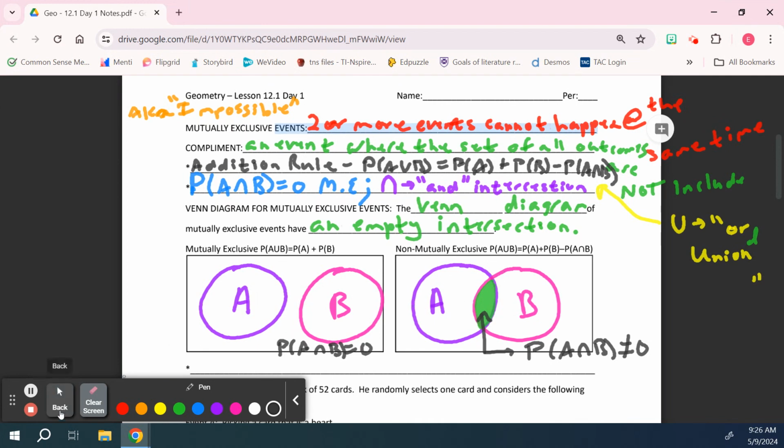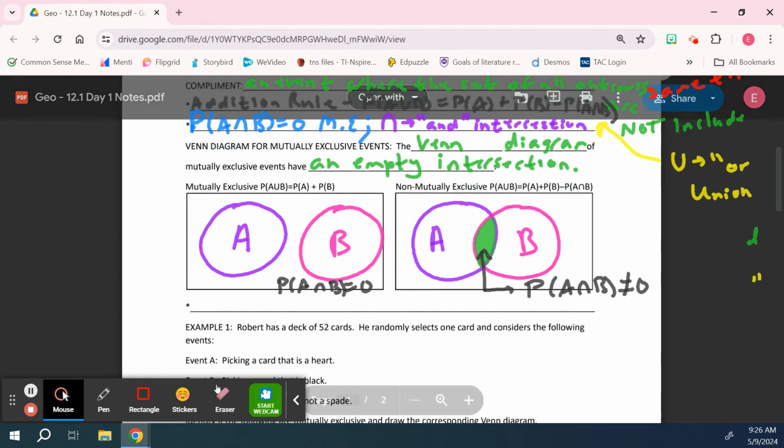All right, now this next part, my apologies, it might get a little cramped, but just stick with me.